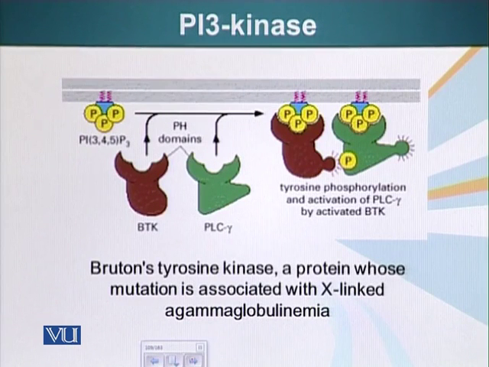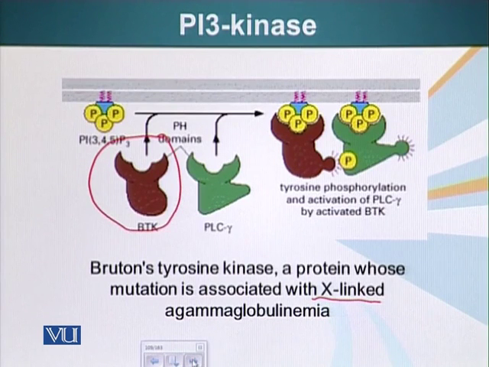I would like to also mention here that BTK is basically Bruton's tyrosine kinase. This kinase is coded by a gene present on the X chromosome, and if there's a mutation in this protein, you can well imagine, if the B cell receptor is getting a signal and it's not being conveyed to the rest of the cellular machinery, it will result in inactive B cells.